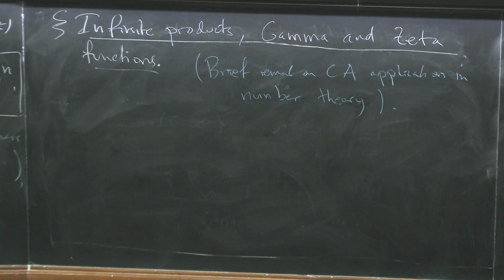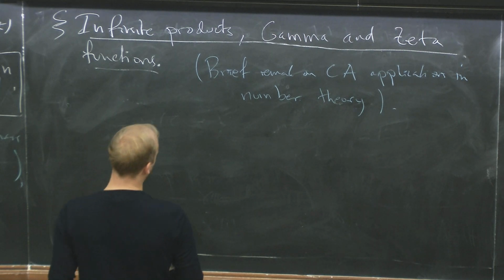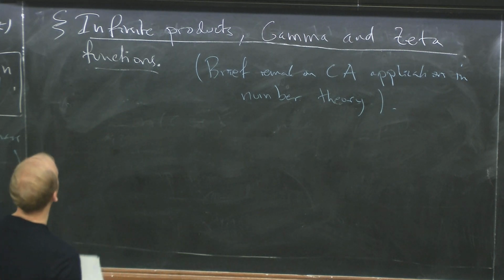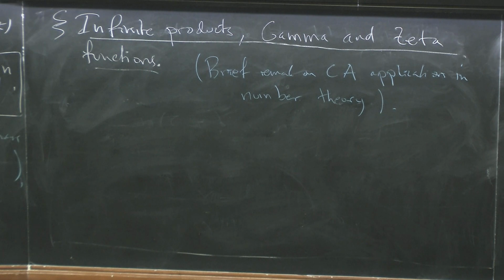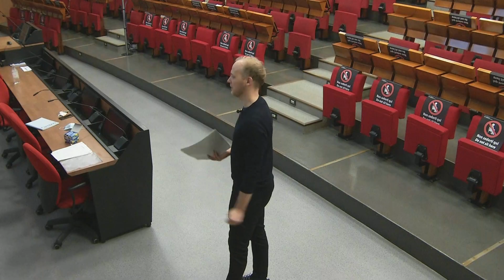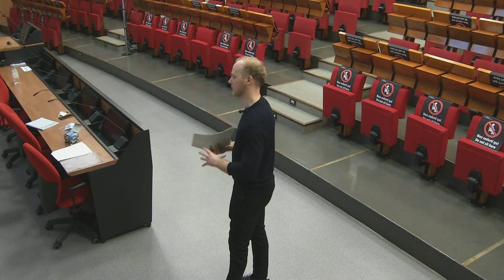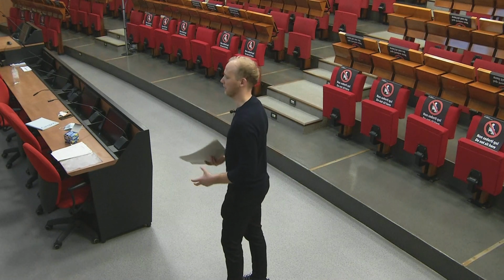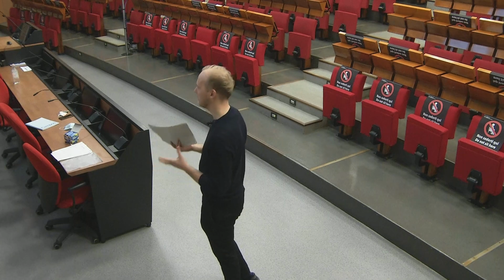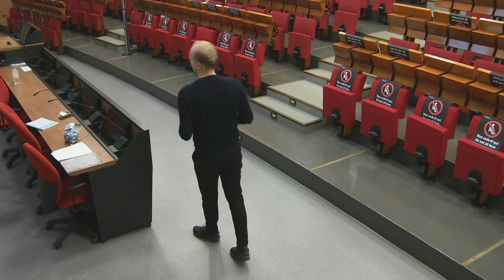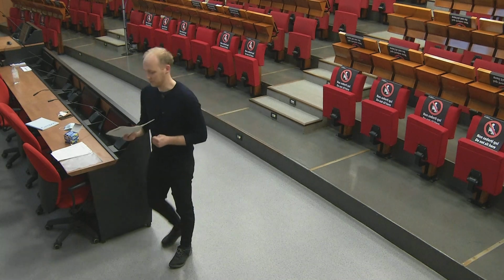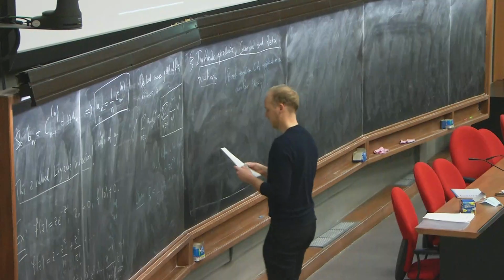In fact, I think one of your colleagues even wrote a bachelor's thesis or something on this topic, so she will probably know more than me about some of this number theoretic stuff. But what I do know is complex analysis, and what we do know is complex analysis. So let's try to understand this problem, and in particular the Riemann hypothesis. Let's see what we can understand from our complex analysis point of view. So this is now the goal.